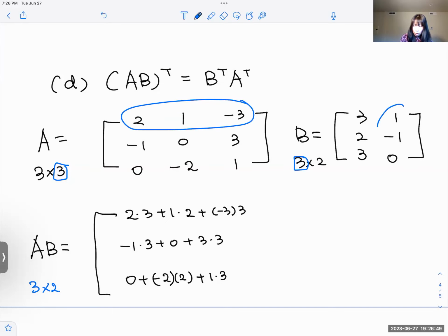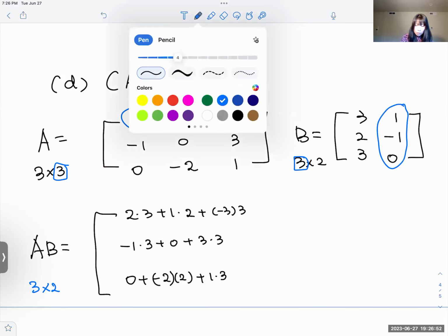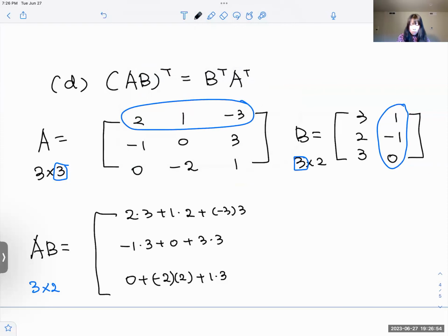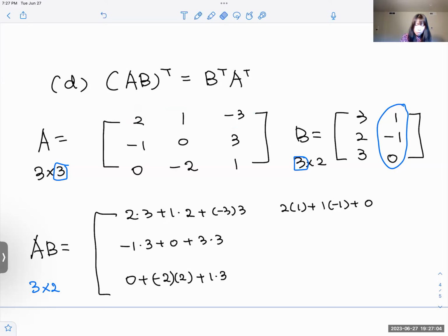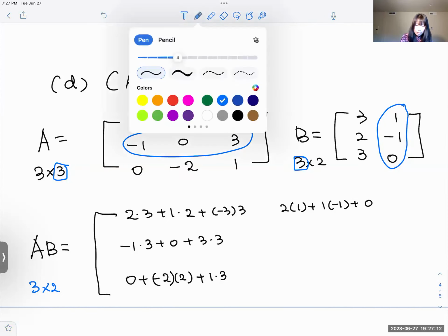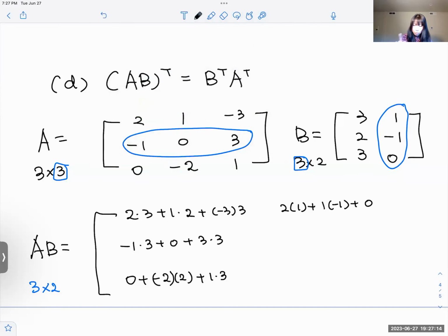First row, second column: 2 times 1 plus 1 times negative 1 plus 0. I'm not rushing so that I try not to make a mistake. Second row: first with the first, second with the second, third with the third entry, right?